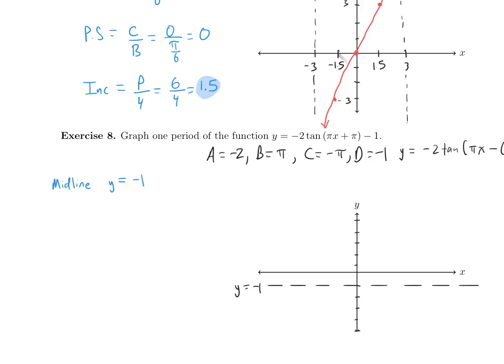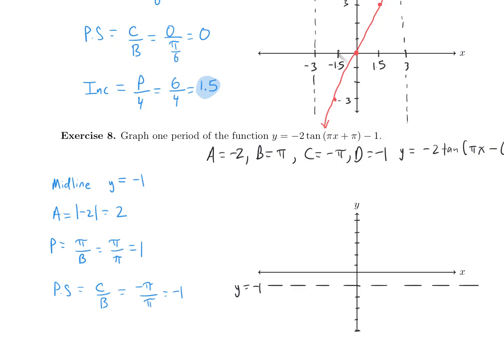Now we can go with our stretch factor, which is the absolute value of -2, which is +2. The period is pi over the absolute value of b, which in this case is pi over pi, which is 1. The phase shift is c over b, which is -pi over pi, which is -1.